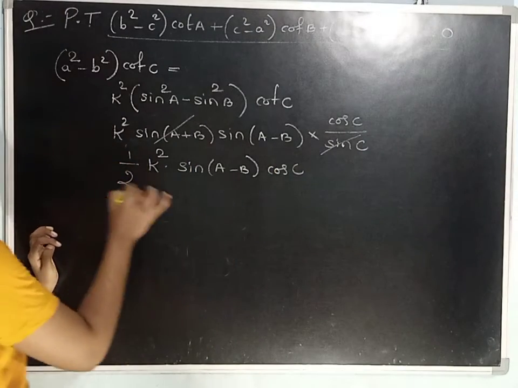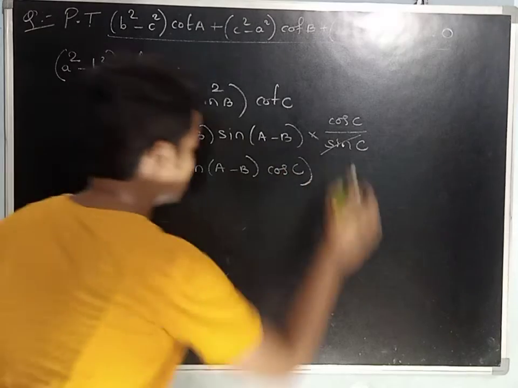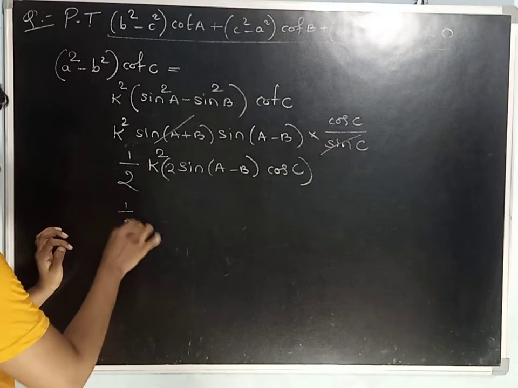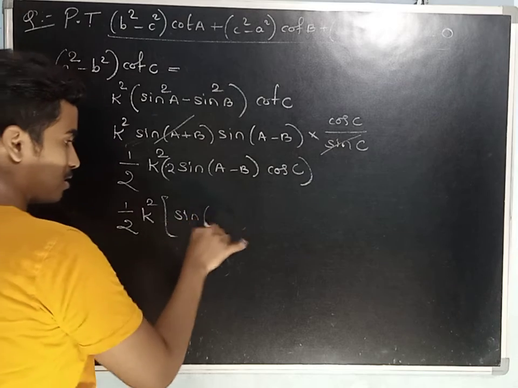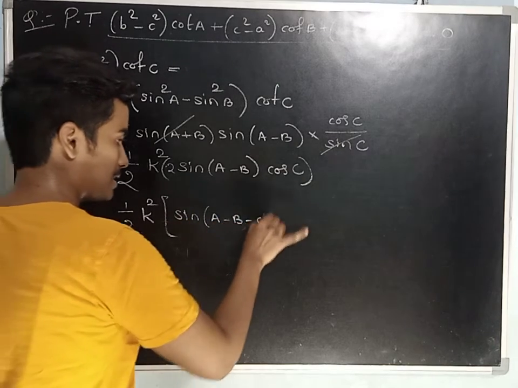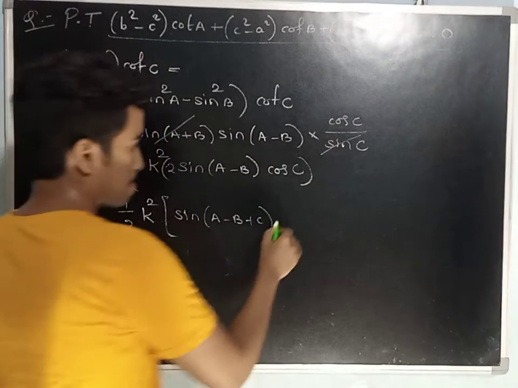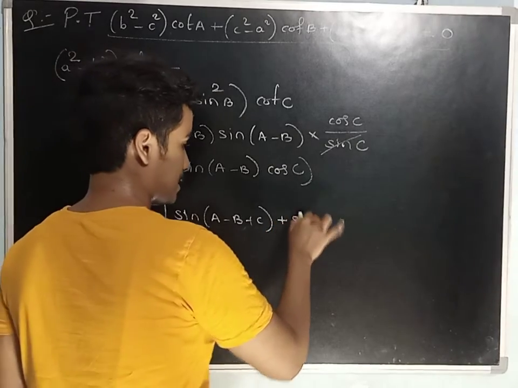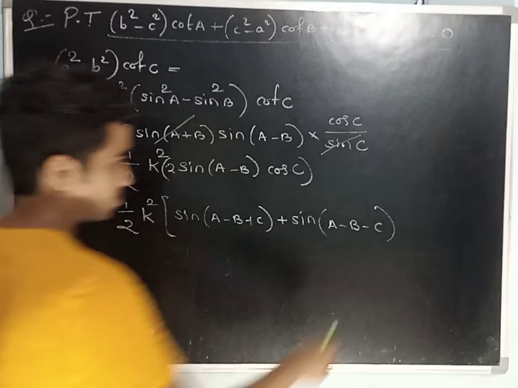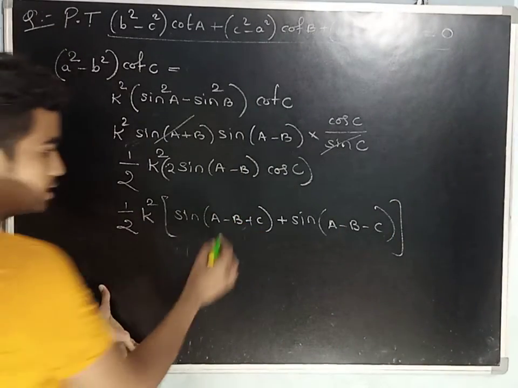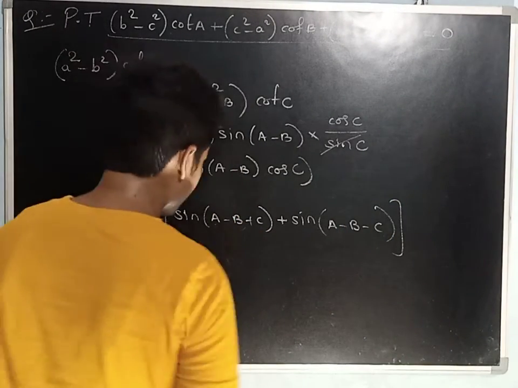Let me put here half and here 2. Half k square into sine of a minus b plus c plus sine of a minus b minus c, that is a plus c minus b.